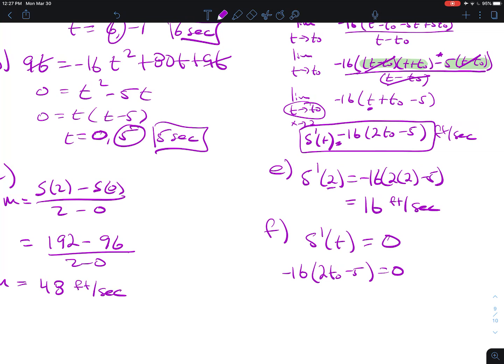Gets me 2t minus 5 equals 0 when I divide by the negative 16. And then what is that going to be? That's 2.5? That makes that guy equal 0. So at time 2.5, and that's going to be in seconds, that's when the instantaneous rate of change is 0. What that really means is the speed of the ball being 0.